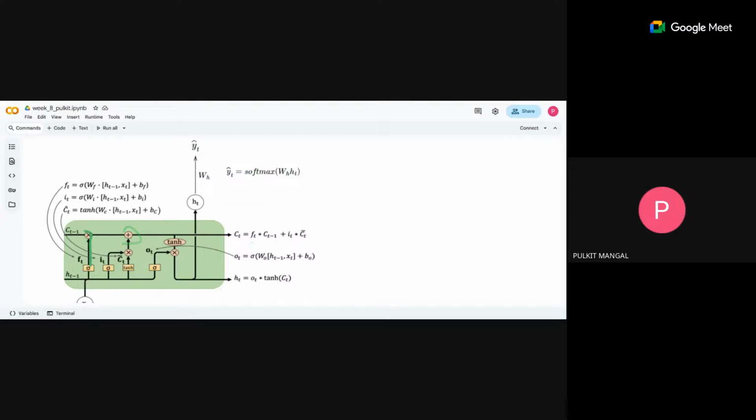So ft will be multiplied with this ct minus 1, and it will be multiplied with this partial candidate state here, and then it will be added with the output of that. Basically the equations here are written in the form of this diagram. Cross is for the element-wise multiplication, plus is just for the addition. Clear?